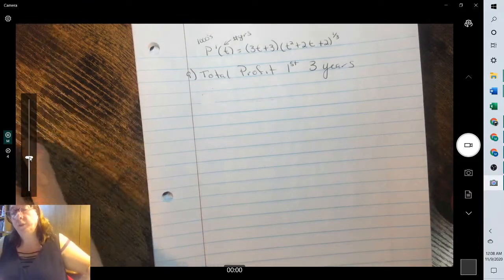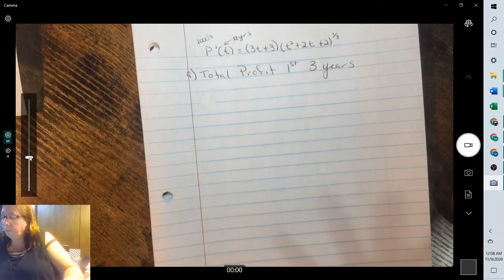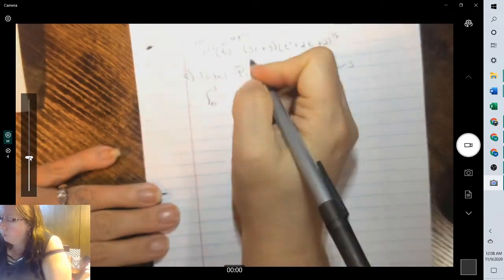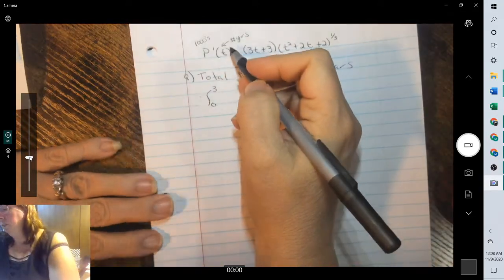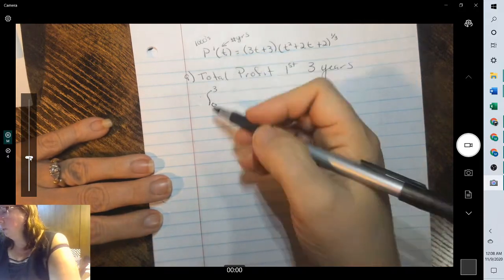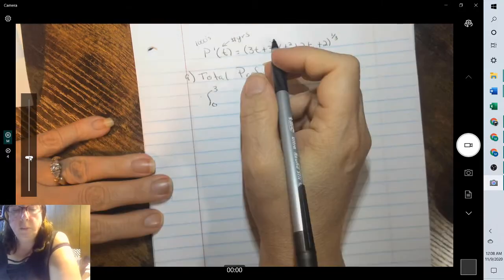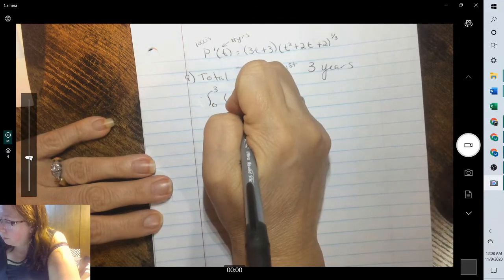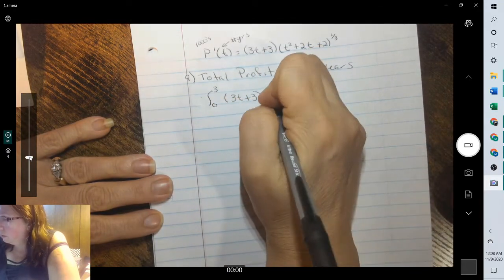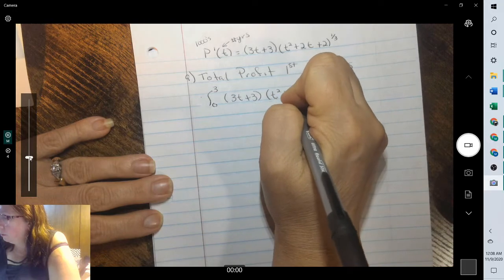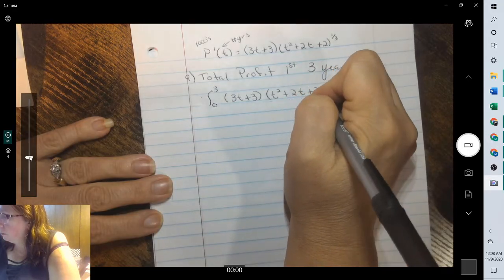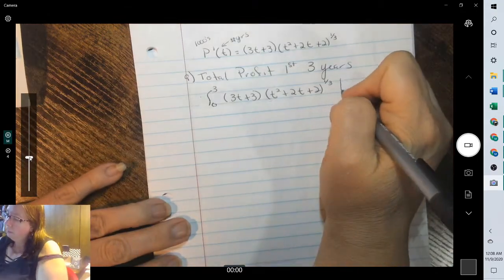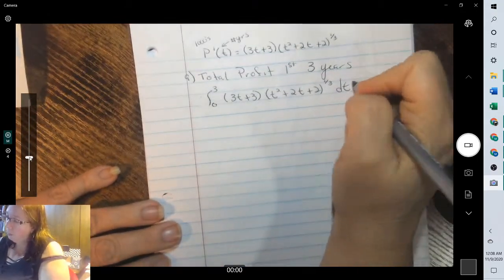If we wanted the first 5 years, we'd go from 0 to 5. So first 3 years, 0 to 3, and you take the integral, because this is how the profit changes. It's not the profit function. So we need to take the integral. Now I take the integral, dt.